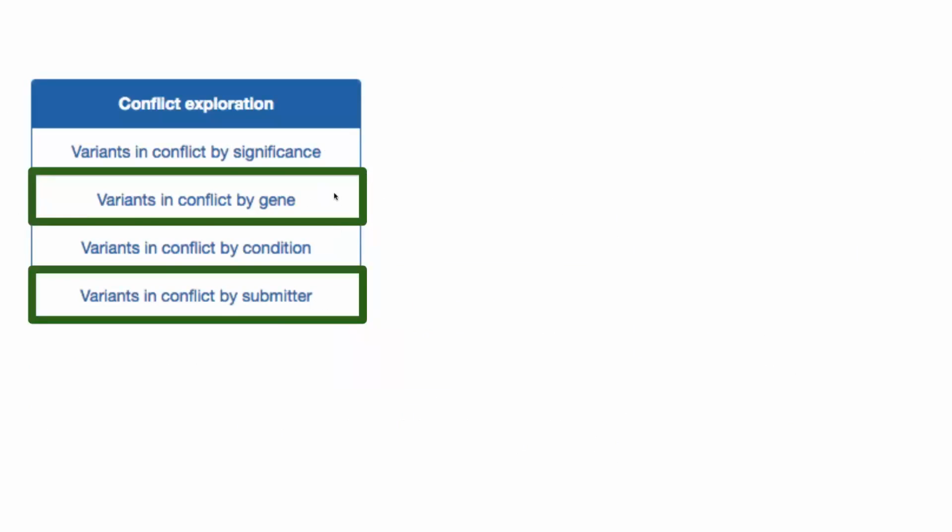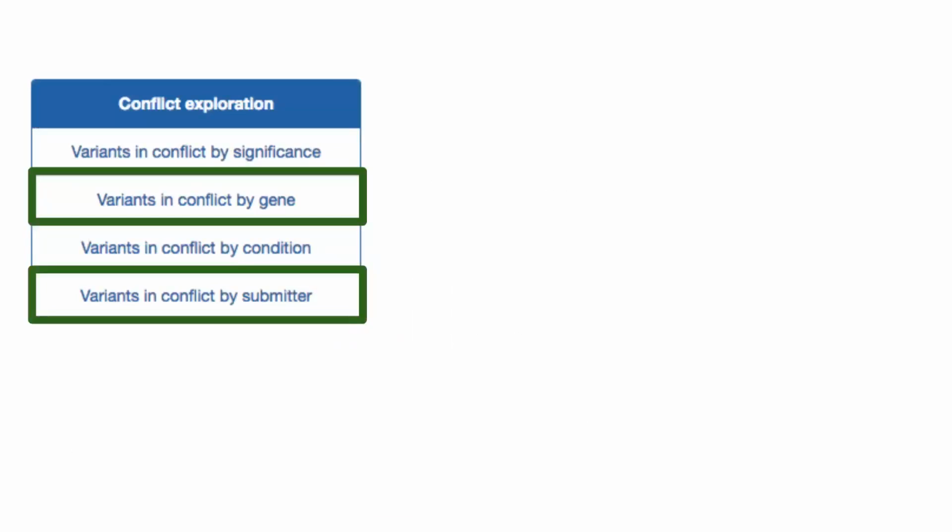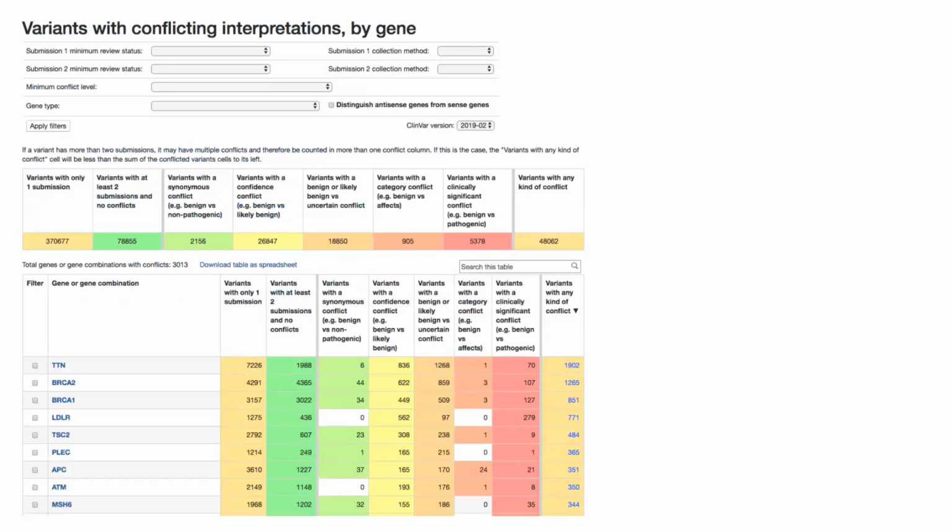Starting with the gene search, if you click that variants in conflict by gene, you'd see again the thing you see above, the breakdown of how you want to define a minimum set of conflicts to look at, which I'll explain in another screen, and then a breakdown of different types of conflicts, and further down is each gene with all the different types of conflicts.